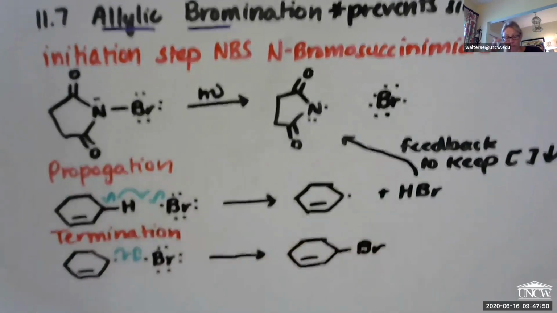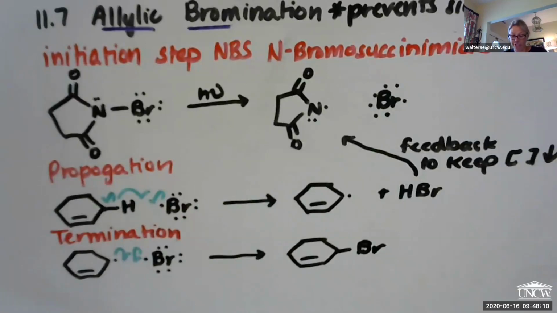And then you make your product like that. Are there questions about this allylic bromination before we consider product mixtures? This is a symmetric system, so you have two allylic positions here, and they would both look like this.